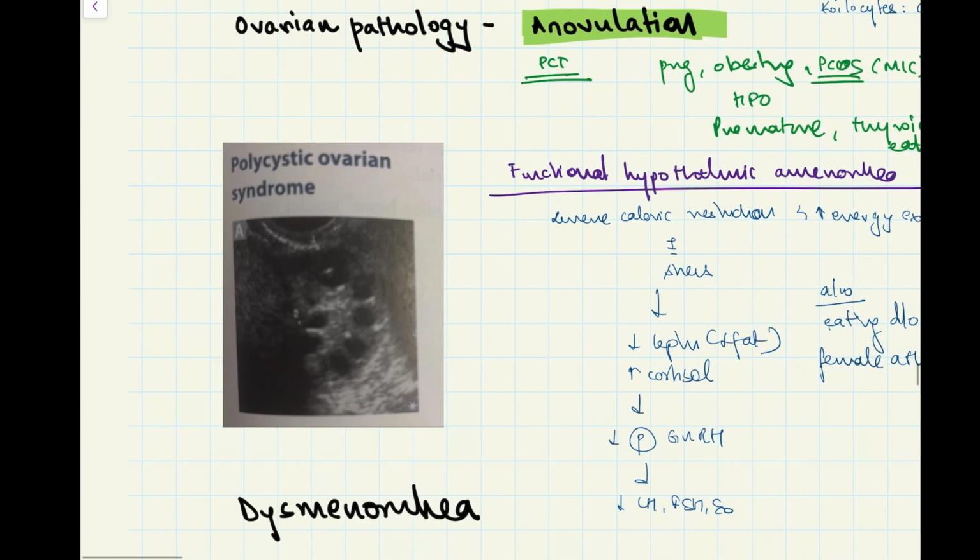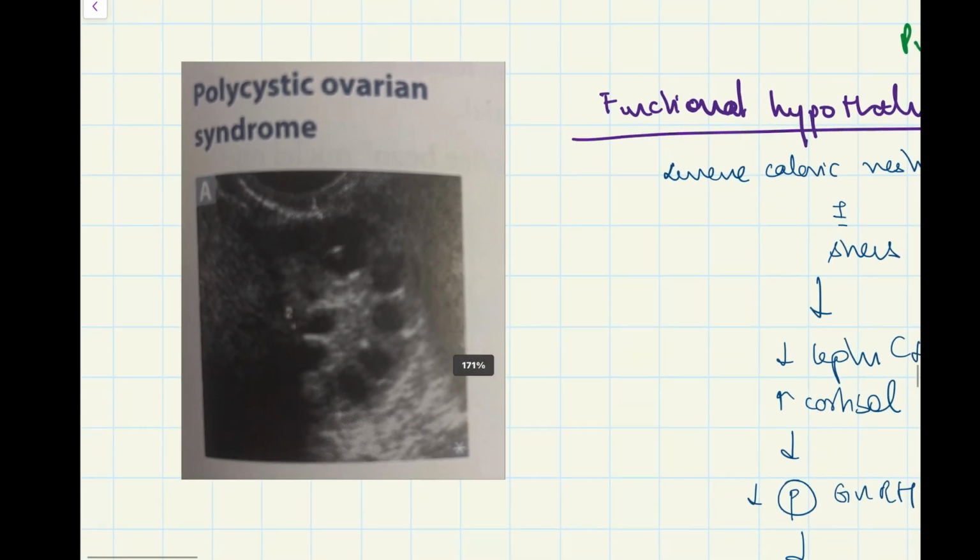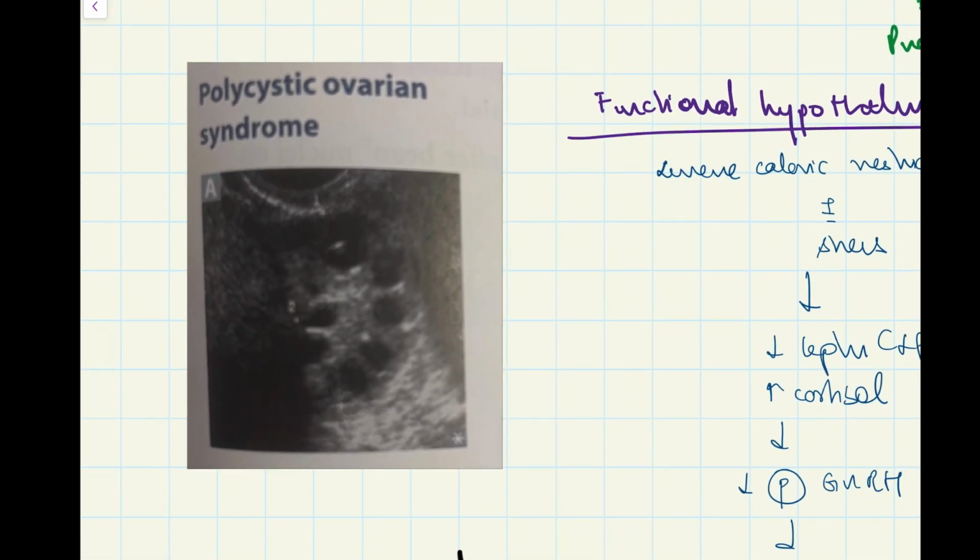Now let us talk about PCOS, right? So it is polycystic ovarian disorder. What happens is that there is increased insulin leading to insulin resistance. This causes an increase in LH to FSH ratio. Also, what happens is that the androgens are increased.